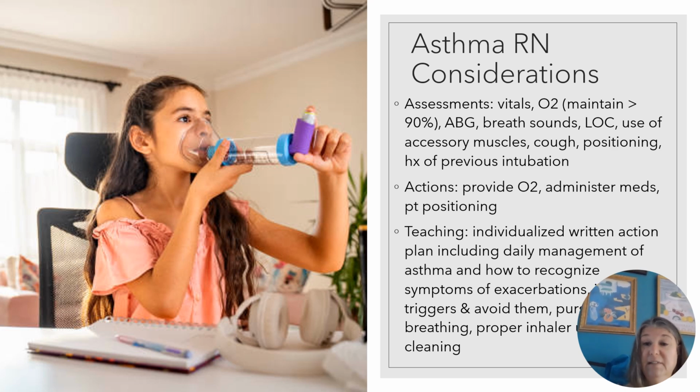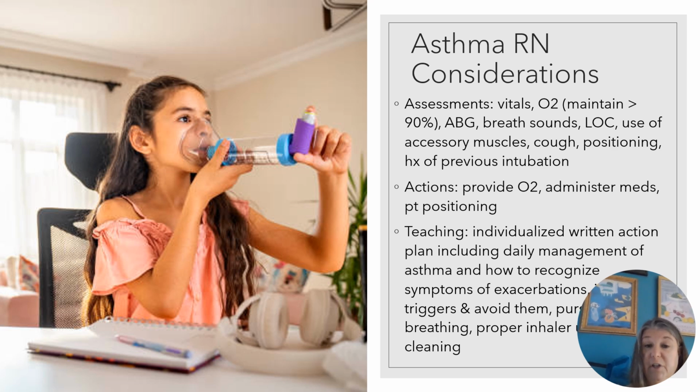If our person has a cough, it can further irritate the airways, so we would want to do what we can to help with the cough. Use of accessory muscles is bad because the body's going to get tired, and then we increase our risk of respiratory arrest.